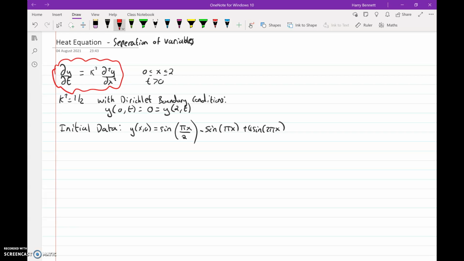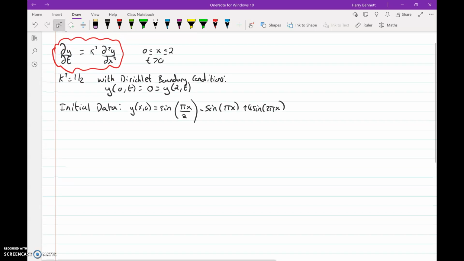Partial dy by dt is equal to kappa squared times partial d squared y by dx squared, where x is bounded between 0 and 2, and time is always non-negative.